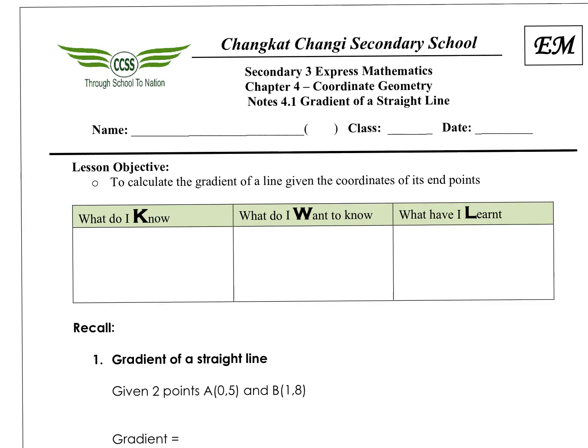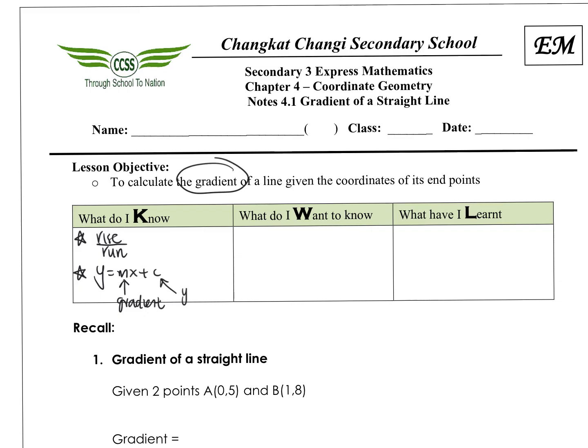Okay, what have you learned about gradient in lower sec? Rise over run. What else? That one is the length formula, new one we haven't learned. y equals to mx plus c, and then the m is the gradient.